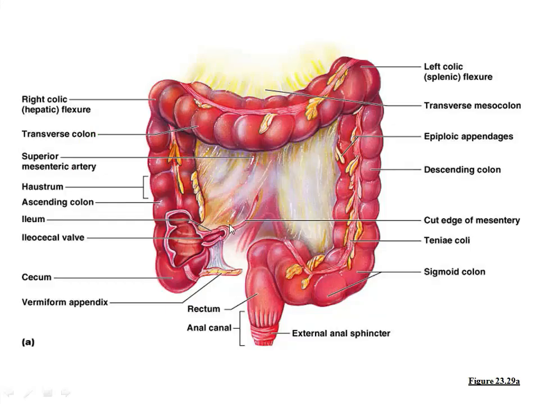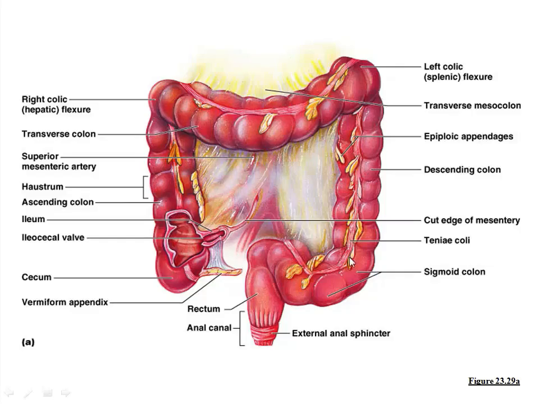So from here you can start with this ileum portion. The ileocecal valve is there, and from here the large intestine starts. It starts with the cecum, and the appendix is attached to the cecum. Then this portion is the ascending colon, and the transverse colon. These flexures, turning points, are there.